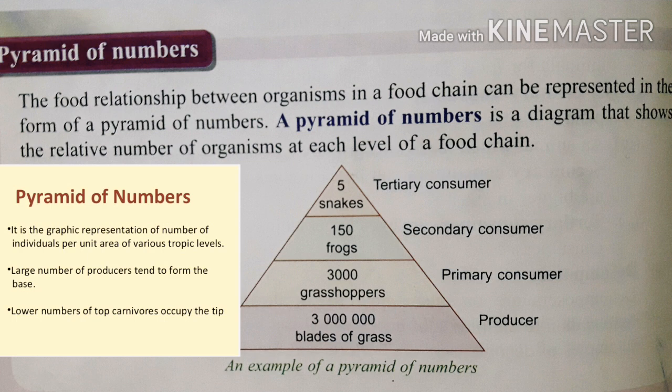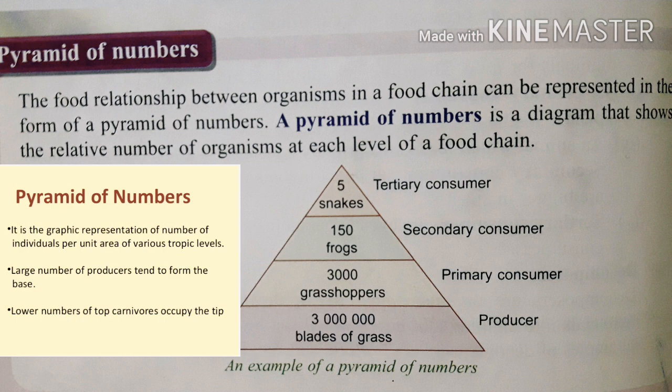According to the pyramid of numbers. So as you can see in the figure above, there is a progressive drop in the number of organisms from lower level to higher level. So the animals at the higher levels tend to be larger in size.